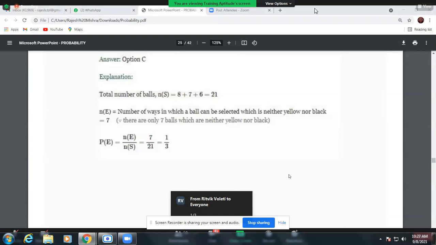All yes, please. Sir, I thought it this way, like the total number of balls are 21 and only 1/3, the 3 is divisible by 21. So I thought it would be 1/3. From the given option, it looks okay.